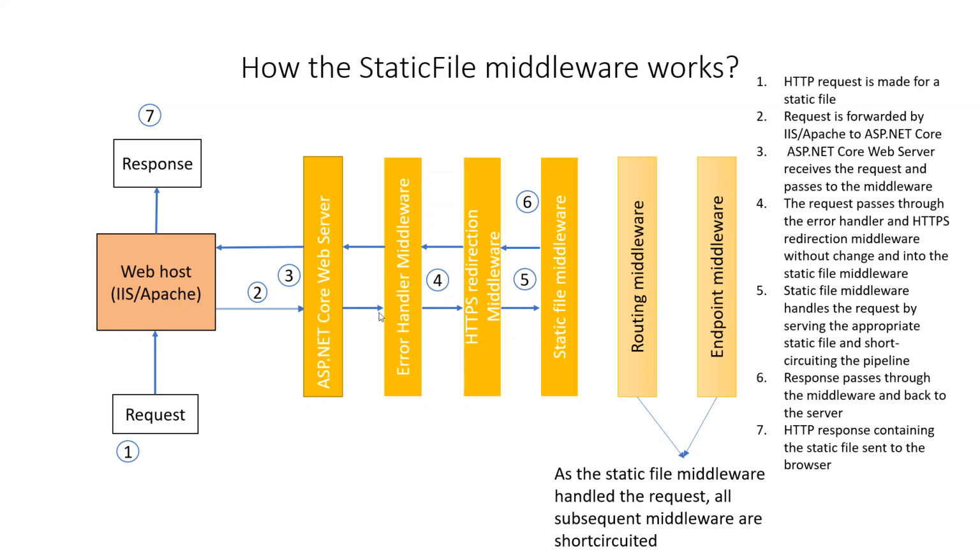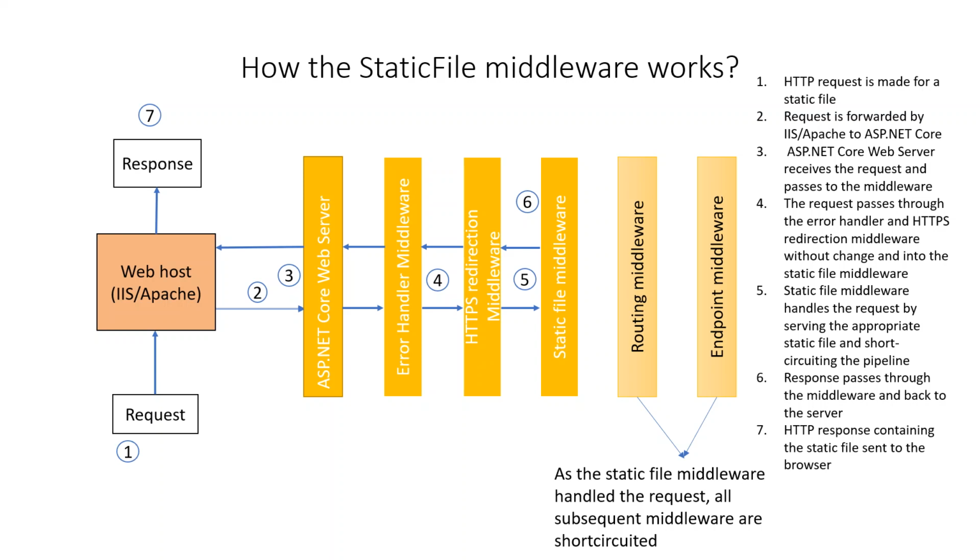Now we have seen the error handler middleware. If it is nothing pertaining to that error handler middleware, then it doesn't act on this request, and it passes on to the HTTPS redirection middleware. Okay.